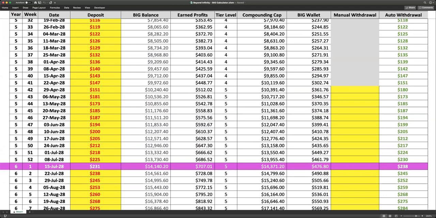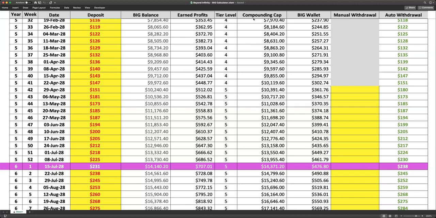We had cut everything off at first and we had to kind of stop the bleeding there. But now this is what we have come back with. So for example, the first time in year 5, the 42nd week, you see that's the first time that the big balance is over 10,000. So what this means is that any member that has a big balance of 10,000 or more will now be able to withdraw the excess of 10,000.